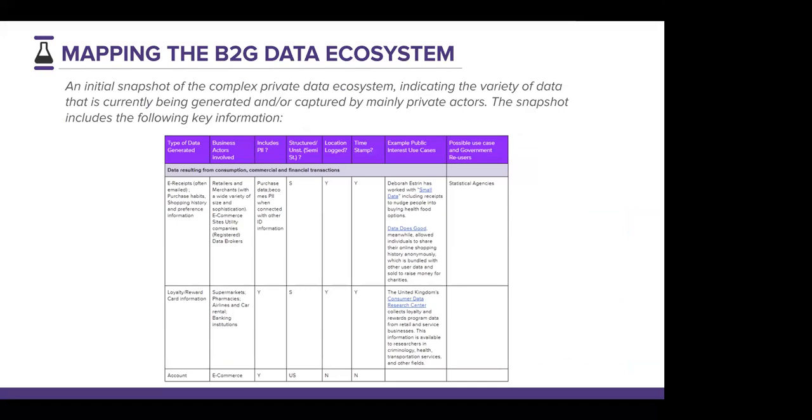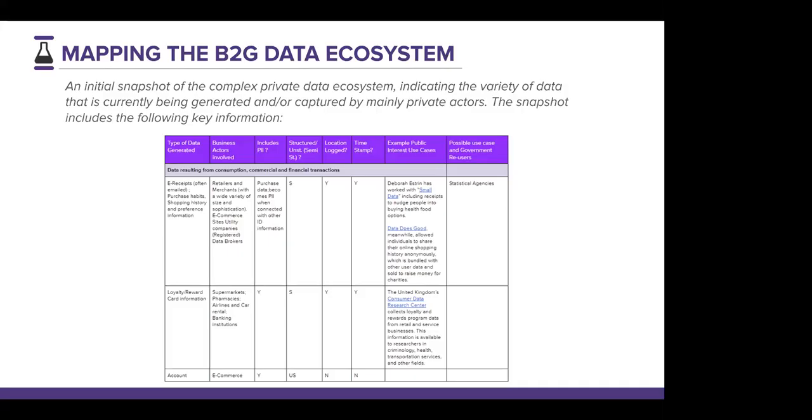The other thing you could do, and this is something that we quite often do at GovLab as well, is to actually map in your city, for instance, who actually collects data and for what purpose? And that goes beyond public sector actors, right?